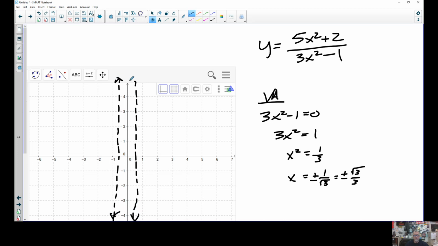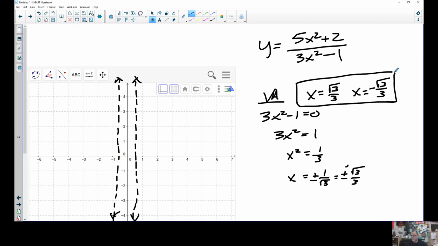We would have these asymptotes to sketch this graph. All right, so these are our vertical asymptotes. x equals root 3 over 3, and x equals negative root 3 over 3. Remember, we have to write these as equations. So those are our vertical asymptotes. Well, how do I find our horizontal asymptotes?